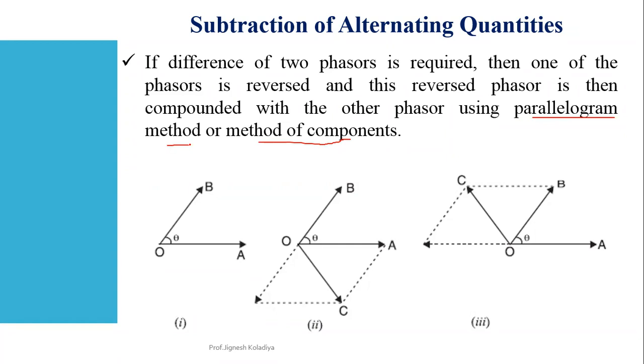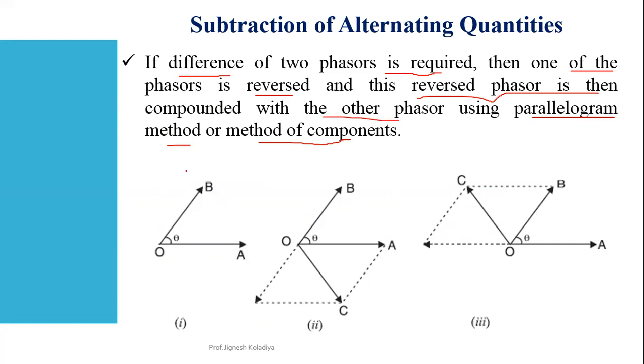But the difference is in the process, how to apply the subtraction. If difference of two phasors or subtraction of two phasors is required, then one of the phasors is reversed, and then this reversed phasor is compounded with the other phasor.